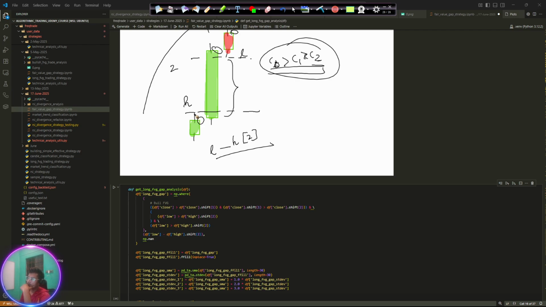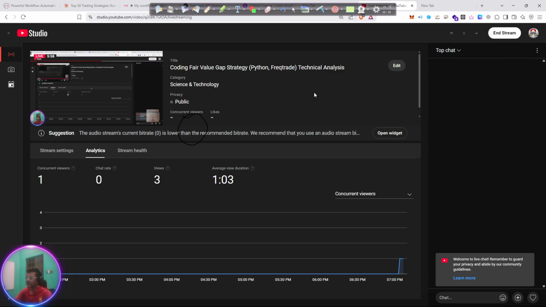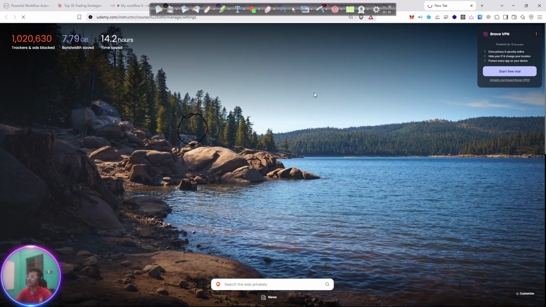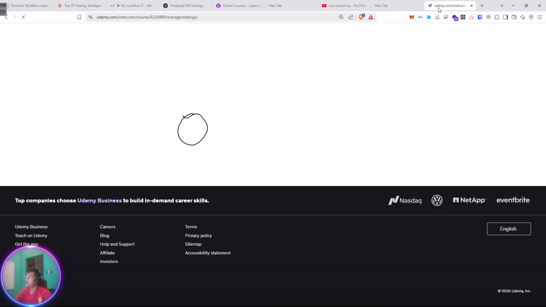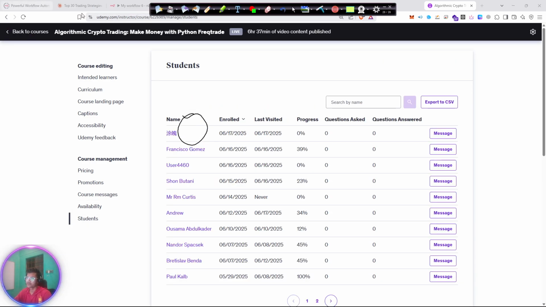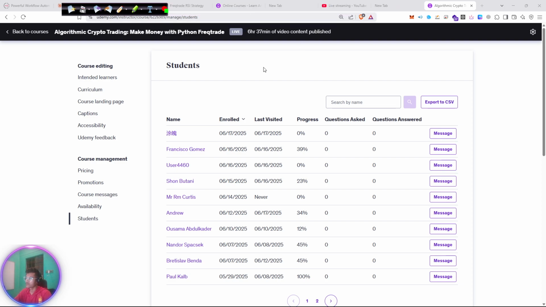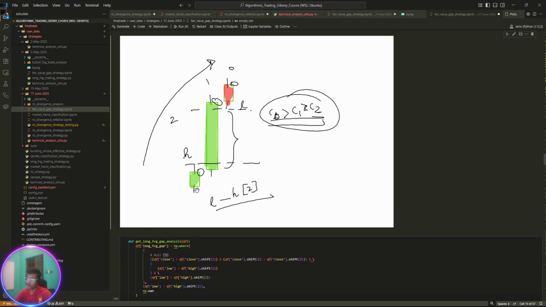You can see on my Udemy course how I identify this. I released one course where I teach how to identify and classify the candles.